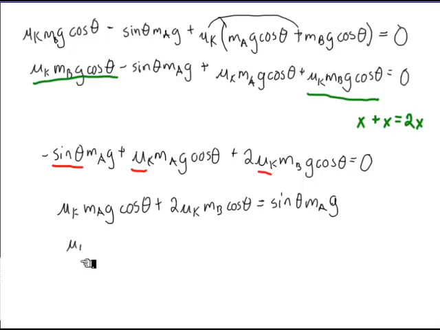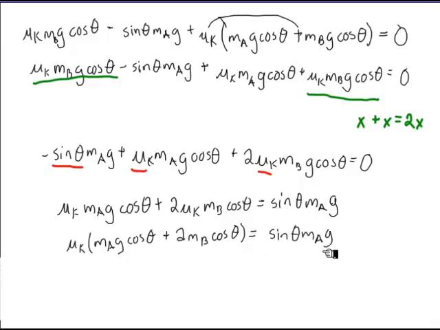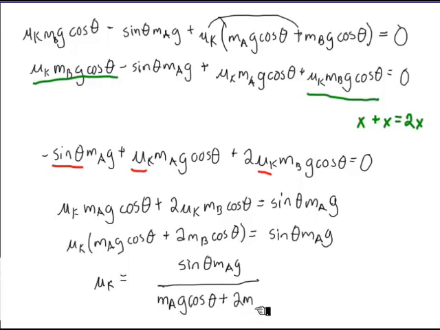I factor out a mu_K and then divide. What I'm not going to do here, but that you could do, is that there is a g in every term, so the g's do cancel out.